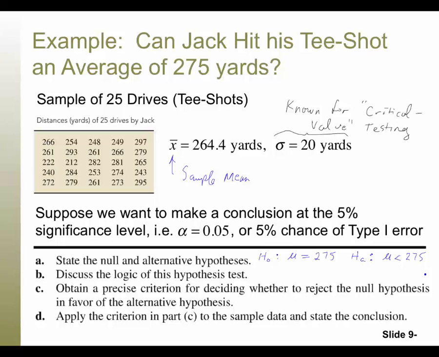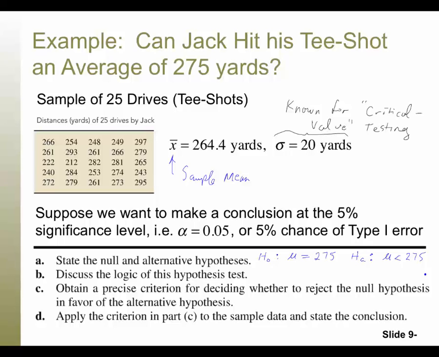Remember, think about confidence intervals. Just because one sample was less than 275 doesn't necessarily mean that his mean driving distance is not 275, right? Because if we took lots of samples, some are going to be lower than this and some are going to be higher than this. So just because one sample is lower doesn't mean that we're going to reject this fact.